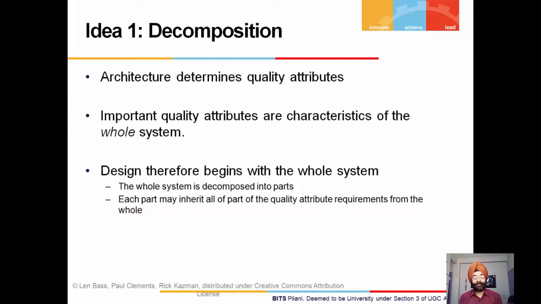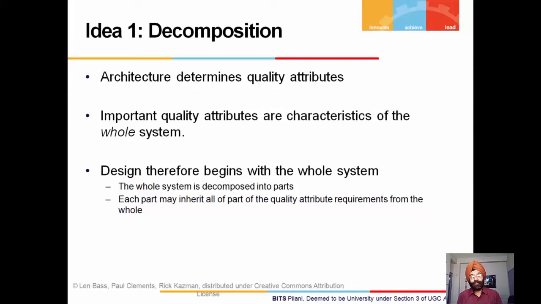However, it is possible that you may designate certain modules to implement the quality attribute requirements. We start designing with the whole system, then we decompose into parts, and we designate ASRs to be satisfied by parts. Those that have been satisfied at a higher level can be taken as satisfied and we don't need to work on them any further.